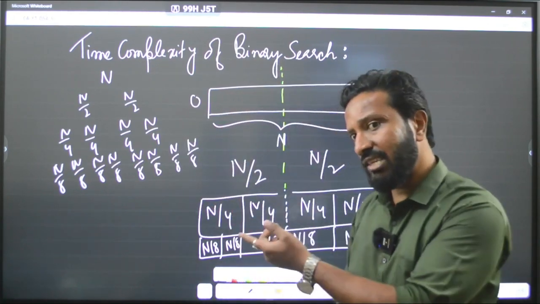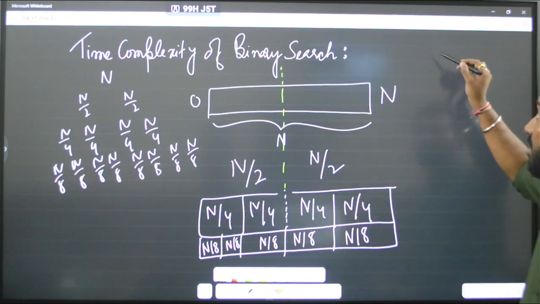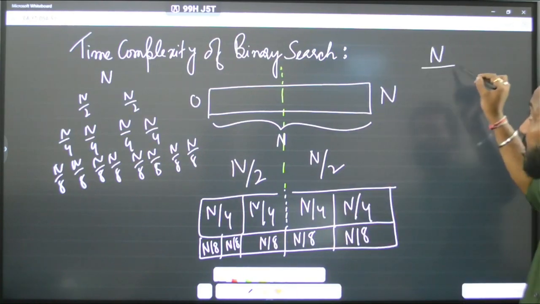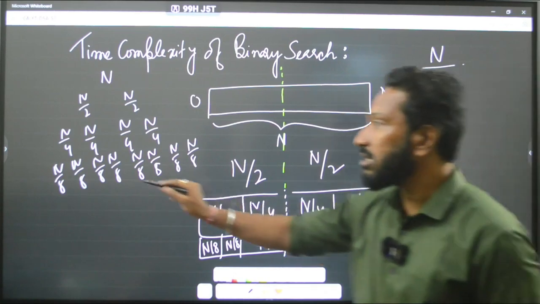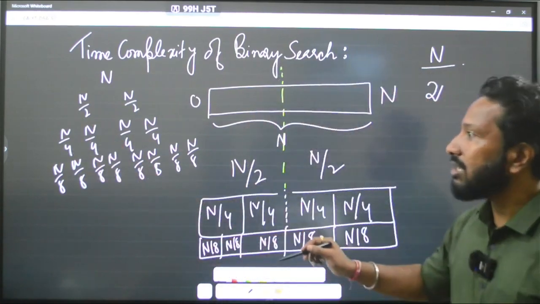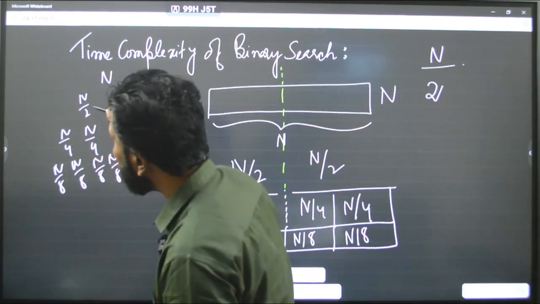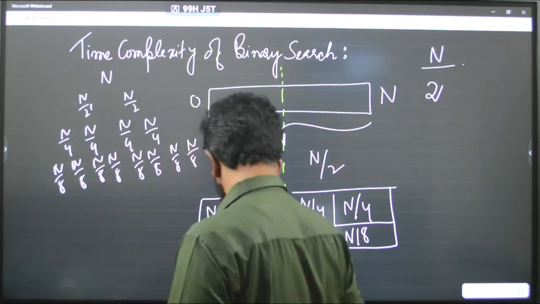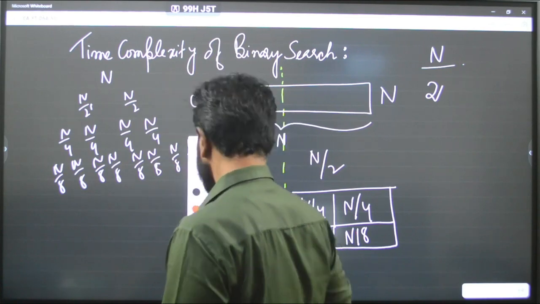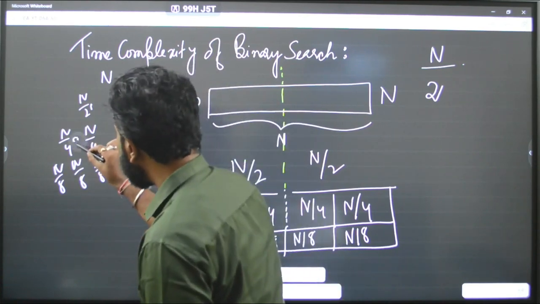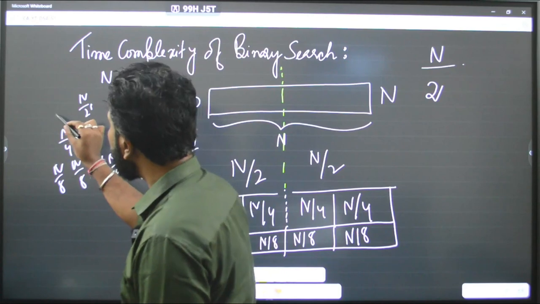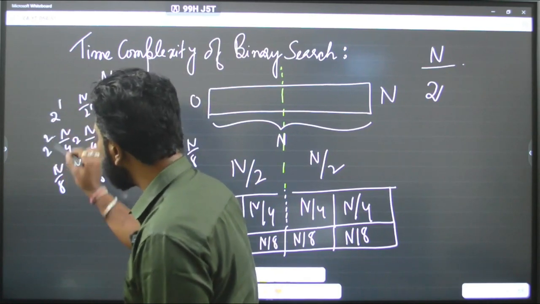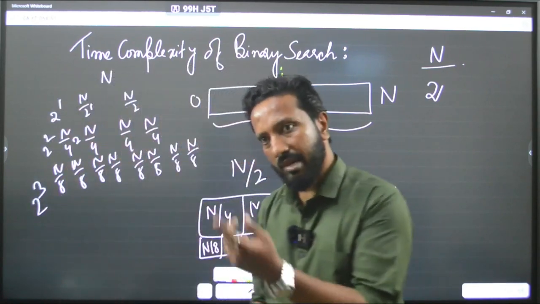So you can see that this is actually n by 2 to the power something. This is 2 power 1, this is 2 power 2, this is 2 power 3. Makes sense?